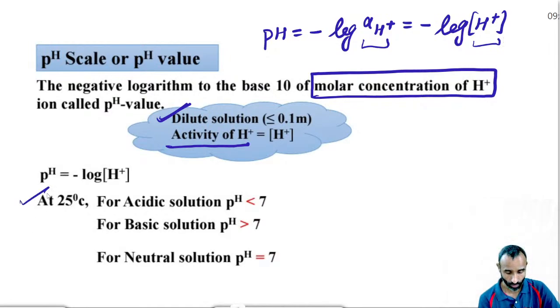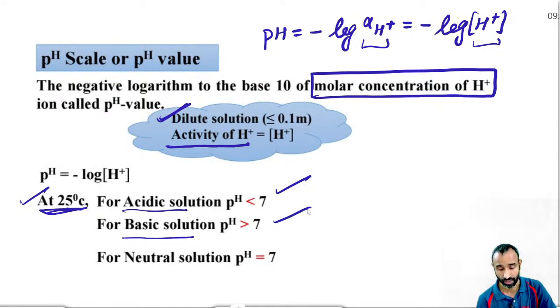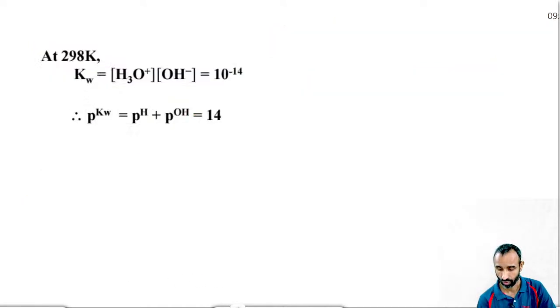Now at 25 degrees Celsius, pH is less than 7 for an acidic solution, for basic it is greater than 7, and for neutral it is equal to 7. Okay.